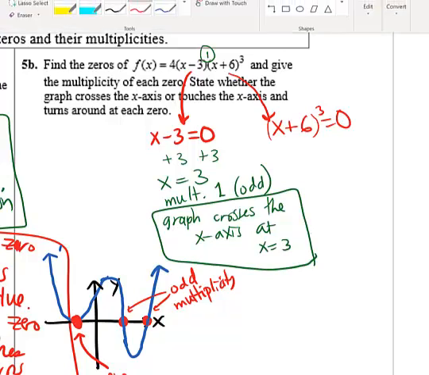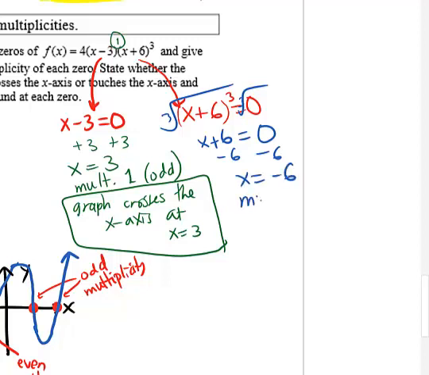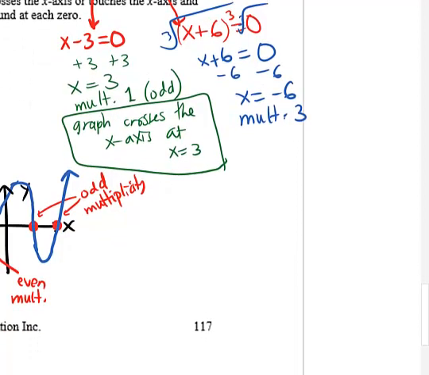Now we'll do the same for the other x-intercept. I have to find it by solving this: x plus 6 equals the cube root of 0, which is 0. If I move the 6 over, I get -6. The multiplicity, though, is 3, because that's the exponent on that factor, x plus 6 to the third.